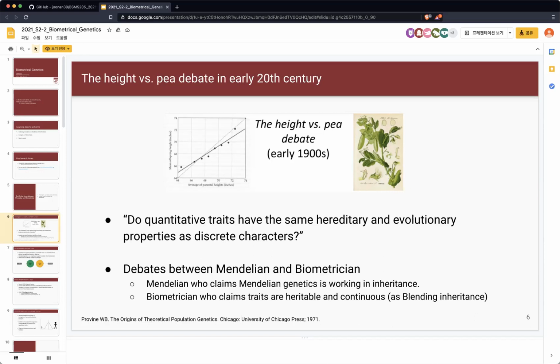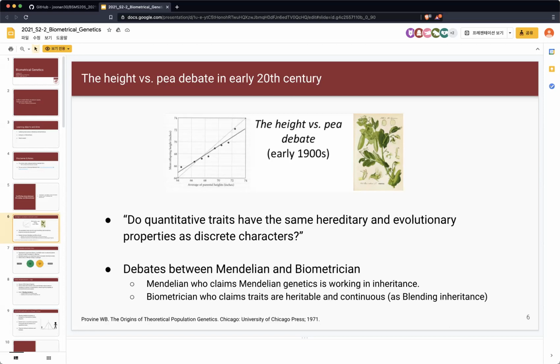So we would say height is probably heritable, and genetics is working in that trait. But we know that height is a continuous, quantitative trait, which is hard to explain by Mendelian factors, right? Mendelian factors are binary characteristics, and they compare quite distinct characteristics between individuals, right?